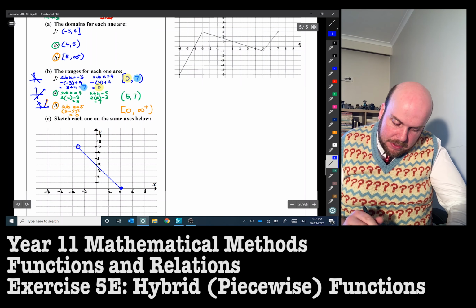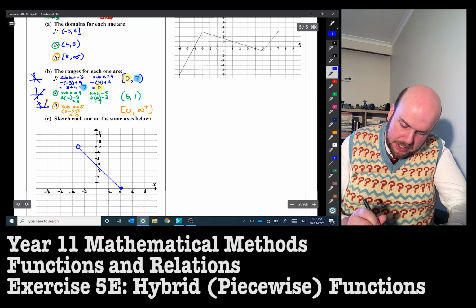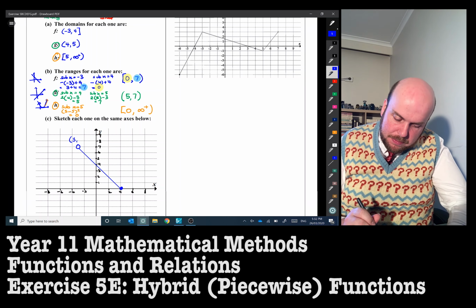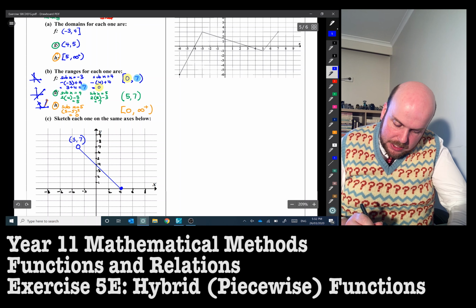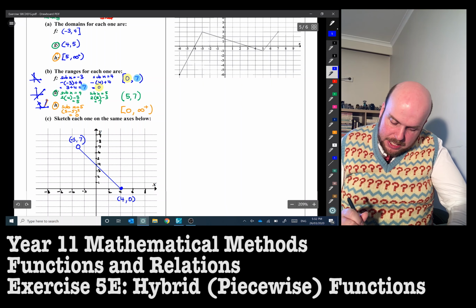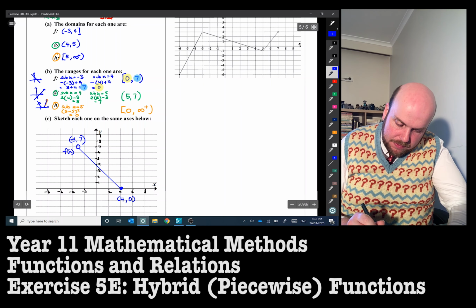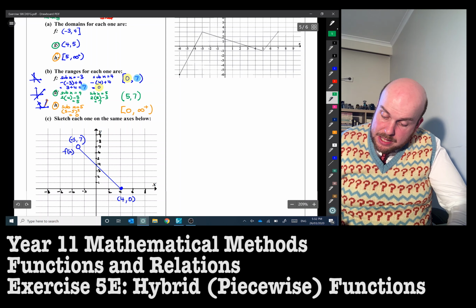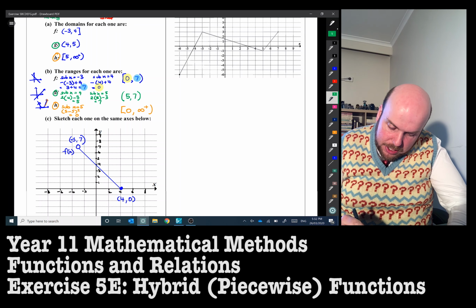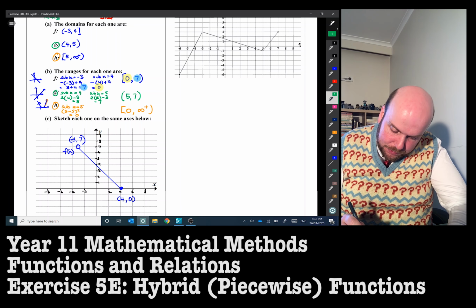The next graph, G. What I might do is be a very good maths methods student to make sure I label my endpoints. So this is -3, 7, and this is 4, 0. And this is the graph of f of x. And then for G, we start at 4, but it's not including, and it's the coordinates 4, 5.